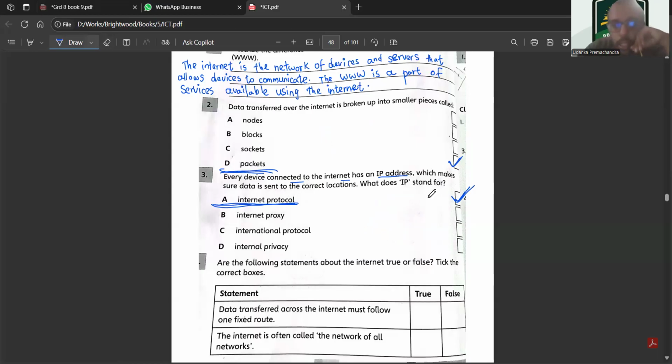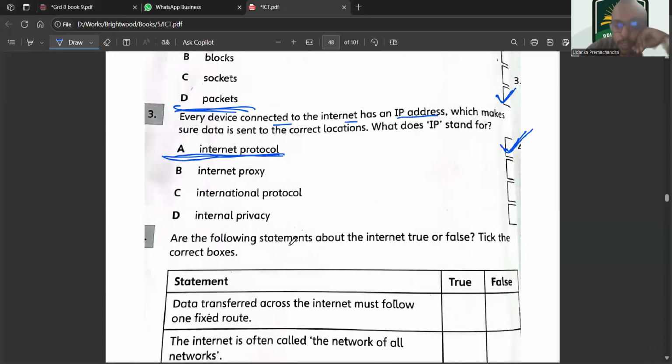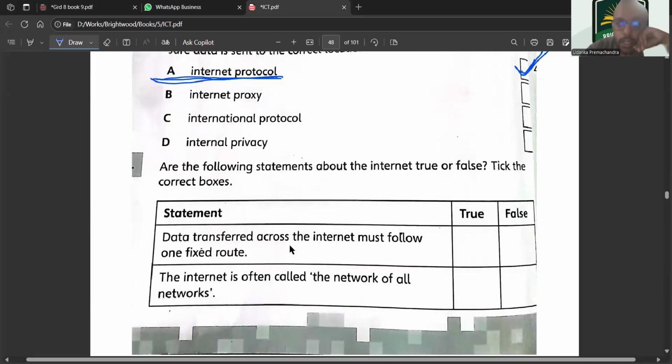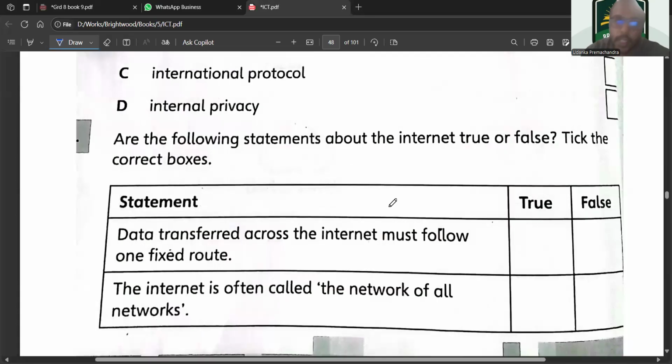It's not needed, a fixed route. It can follow many paths. So the answer should be false. Data transfer across the internet must follow one fixed route?